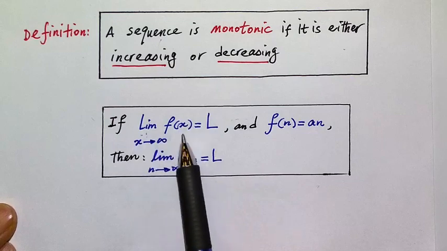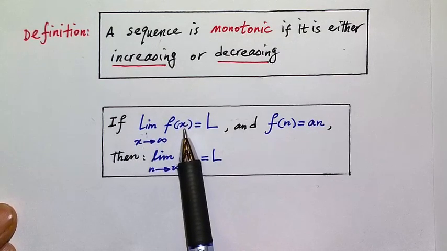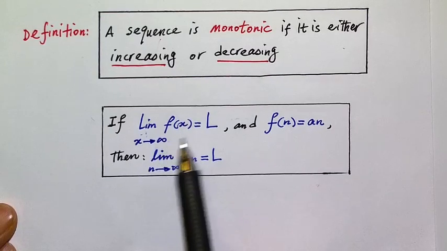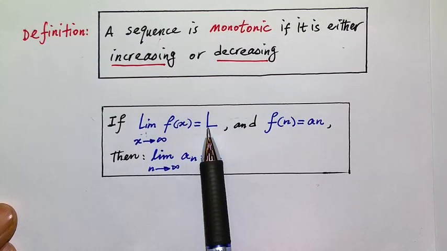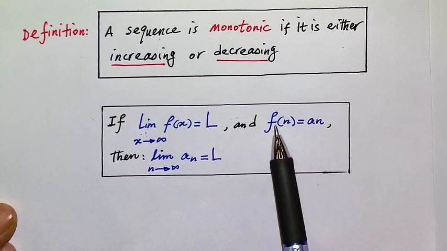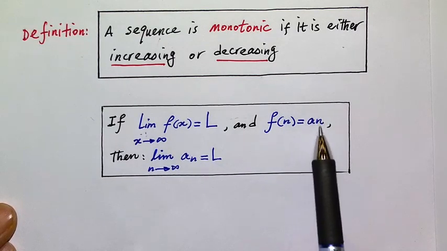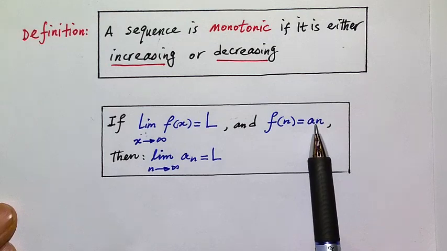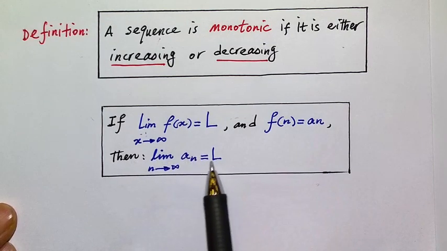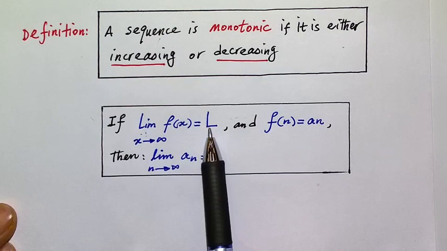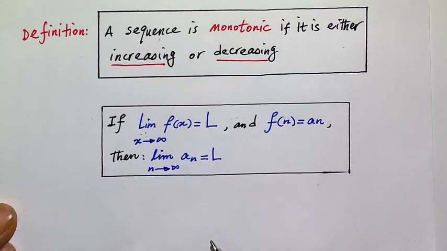If the limit of a function as x, the independent variable, approaches infinity equals L, and the value of the function at n equals the sequence, then the limit of the sequence is also equal to the limit of the function.